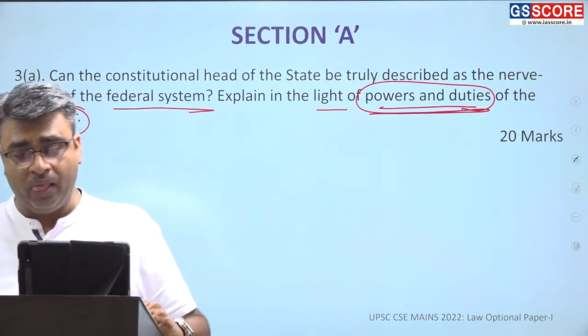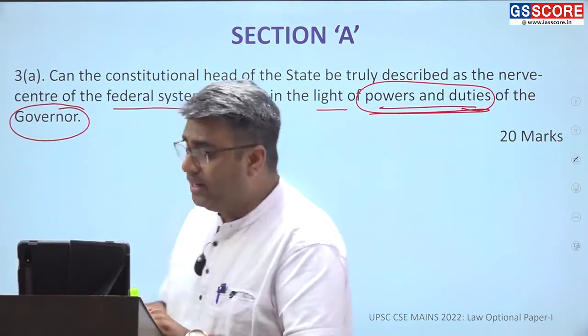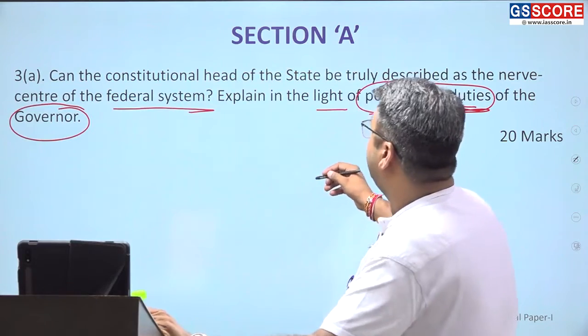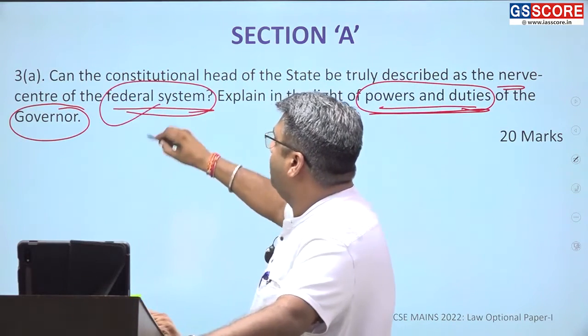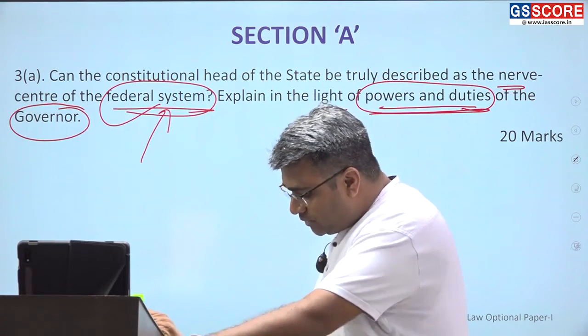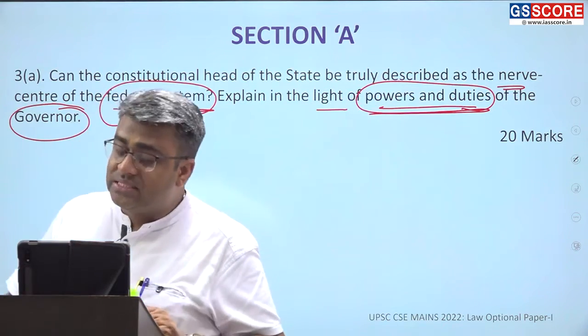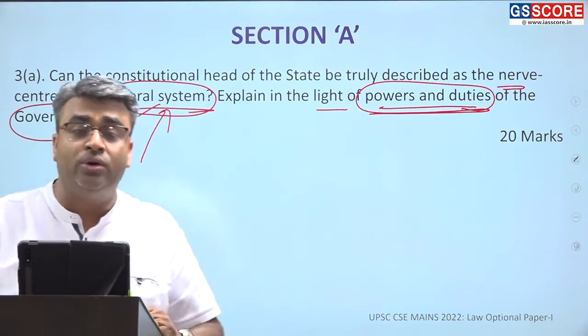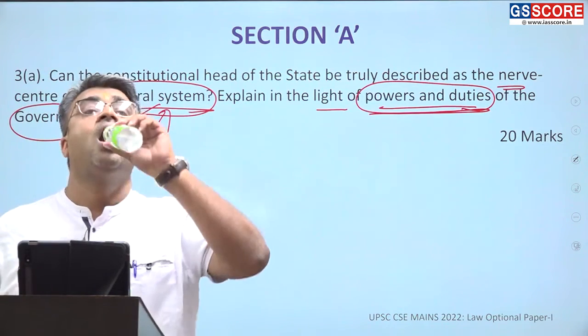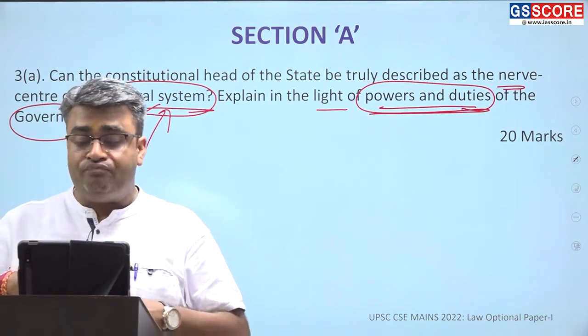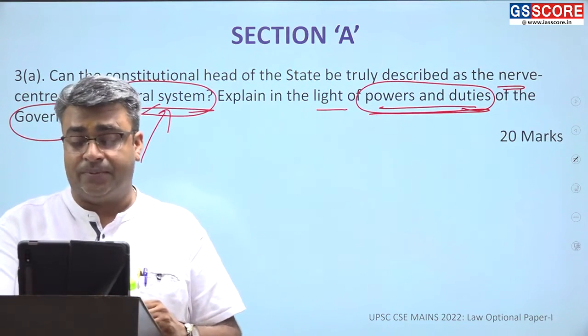Because the ultimate point you should relate to is the nerve center of the federal system. So in this way, simply mention the various powers and duties of the governor, and then try to conclude why the governor is necessary.